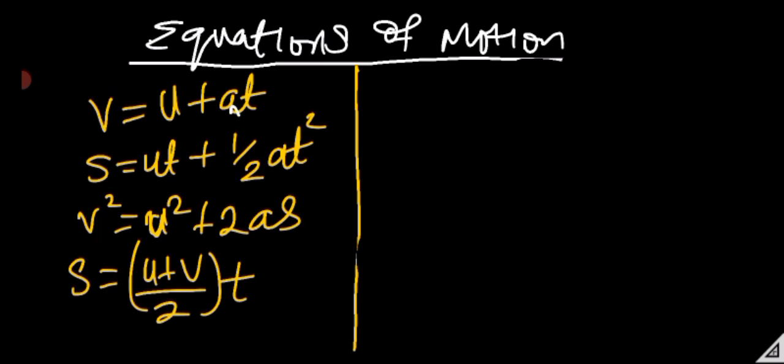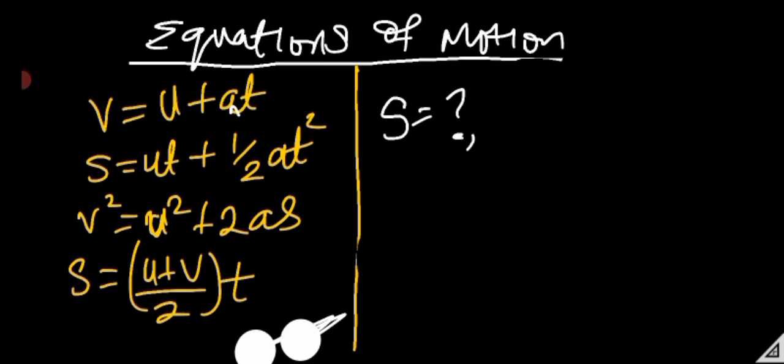Let's say, write this one down now, on revision class: calculate the distance covered by a body that moves from rest and attains an acceleration of 3 meters per second squared in 2 seconds. Distance is S, and it is unknown because that is what they are asking you to calculate.